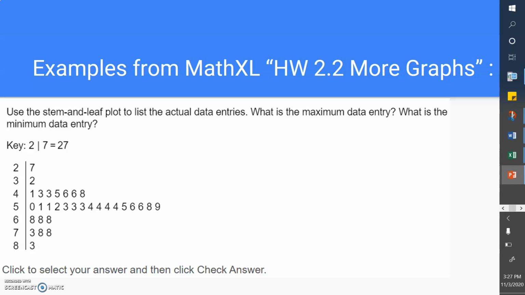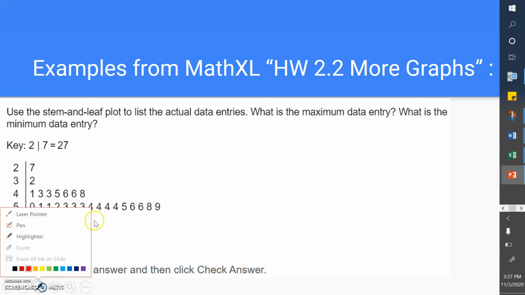So let's do at least one or two examples real quick from homework 2.2 on Math Excel. Use the stem and leaf plot to list the actual data entries. Okay, they just want me to write down what the answers were.